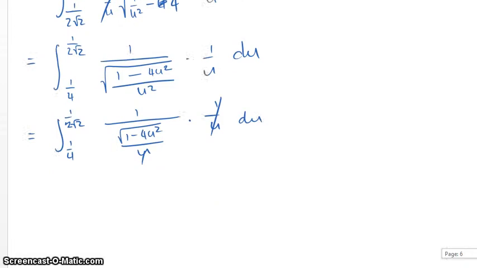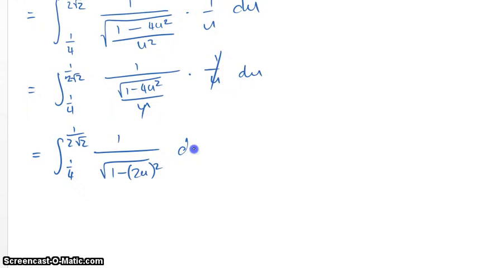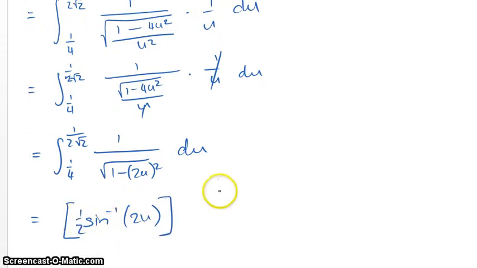So I just have to integrate from 1 over 4 to 1 over 2 root 2 of 1 over the square root of 1 minus 4u squared, and 4u squared is the same thing as 2u whole thing squared. And we recognize that straight away as the derivative of sine inverse of 2u. Not perfectly though, because it's 2u not u, so we need a half out the front. Again, going from a quarter to 1 over 2 root 2.